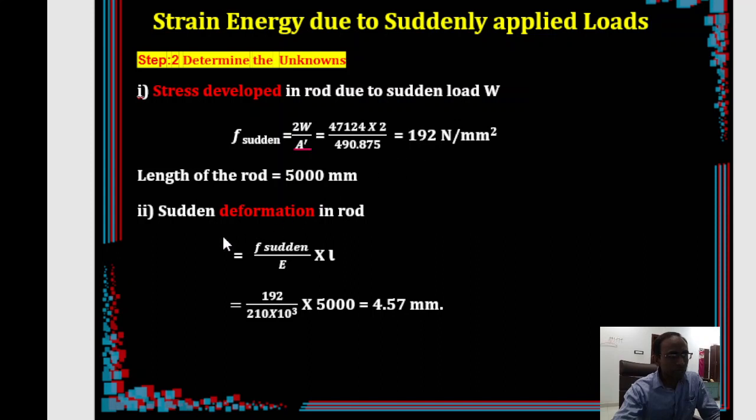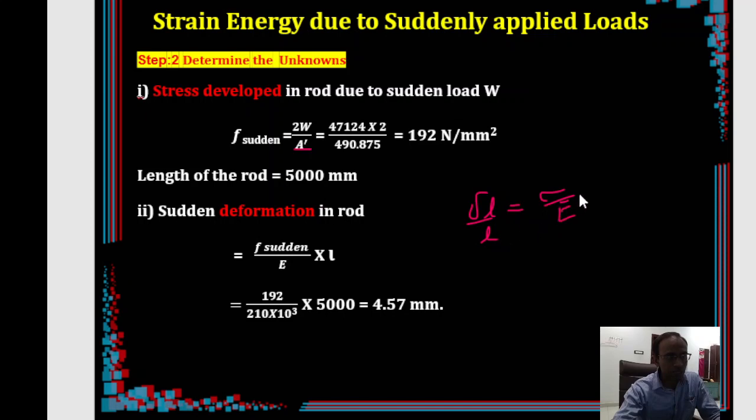Then finally, because we want deformation, we have the formula, right? Delta L is the strain, right? We have strain equal to delta L by L, and which can also be written as sigma by E. Sorry, E, Young's modulus. So you know all the rest of the things except this delta L. L is given to you.